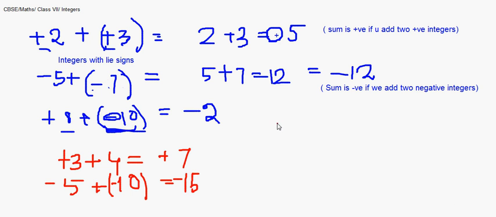If I am given to add plus 5 with a negative of 13, then we said first find the difference between the absolute values, that is 8, and it will carry the sign which the higher absolute value carries. So it carries negative, here it will be negative.